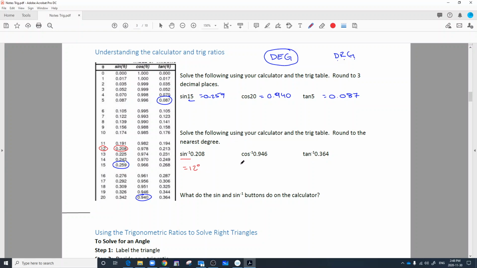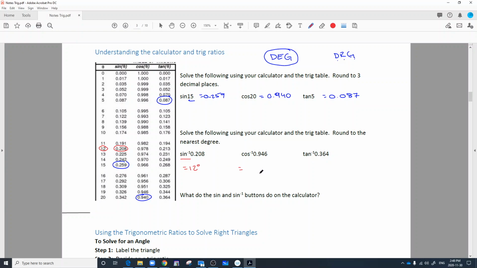Okay, so now you know what your calculator is doing. All this is teaching you is that when you type into your calculator sine 15, it's looking up what ratio you get for that angle. When you type in inverse sine 0.208, it's looking up what angle you will get for that ratio.